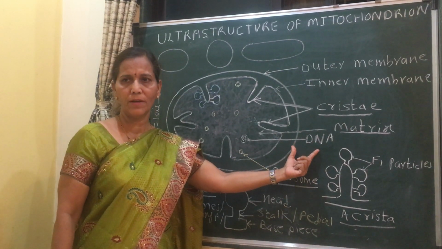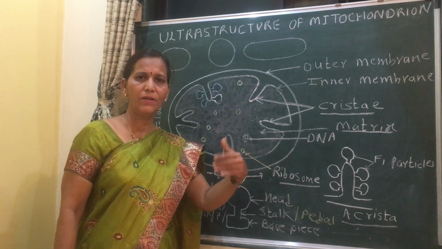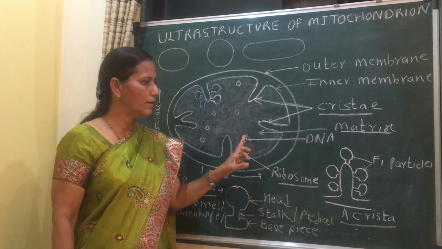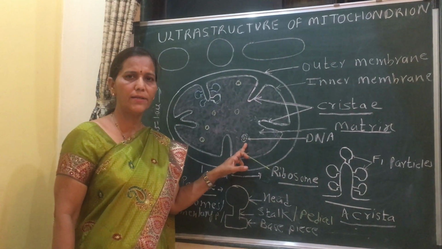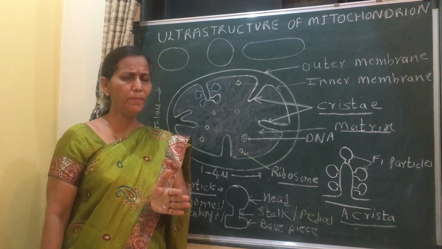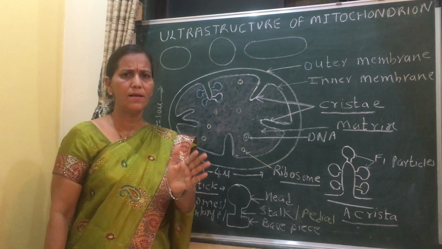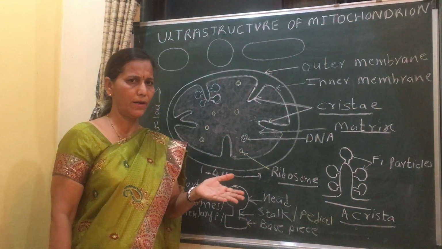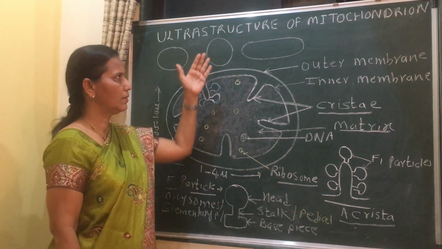Extranuclear DNA means DNA present outside the nucleus. So mitochondria are semi-autonomous, self-duplicating organelles.